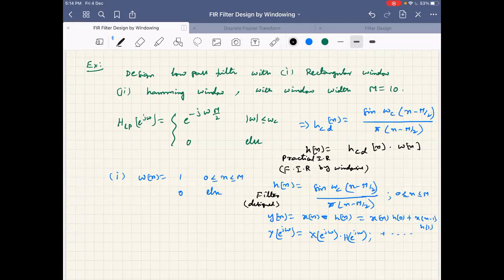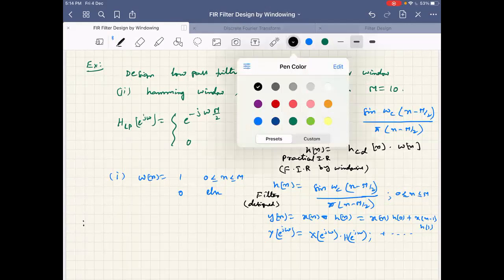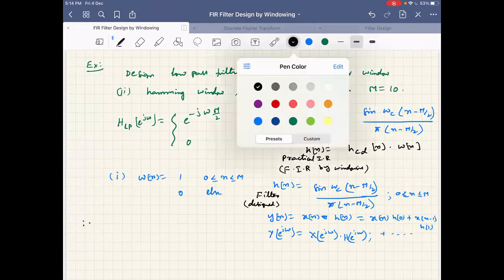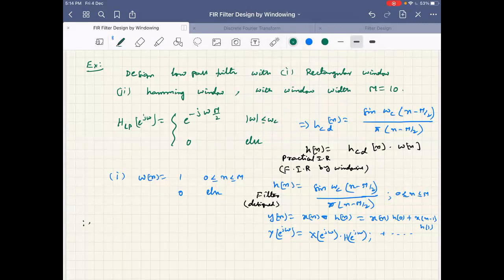In the second example, we have W of n corresponding to the Hamming window.